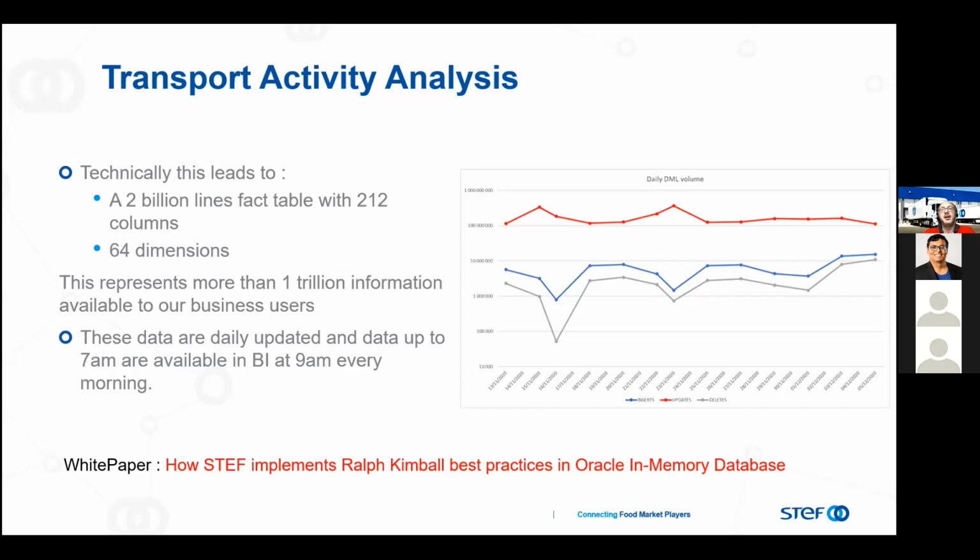These data are updated daily, and data up to 7 a.m. are available in BI at 9 a.m. every morning. On the right, I added a graph where you can see how many operations we do for this data mart only on the database.